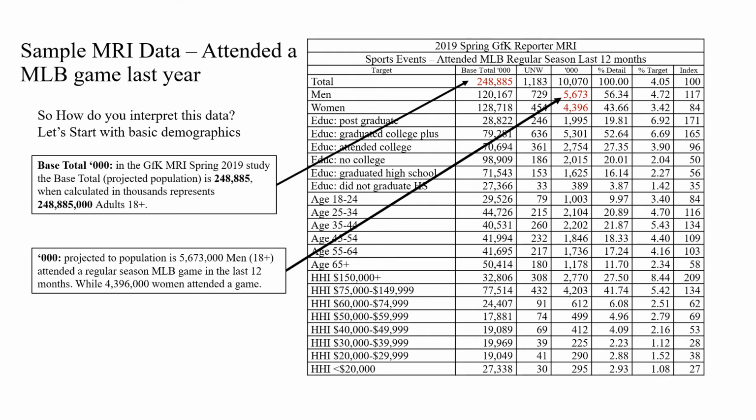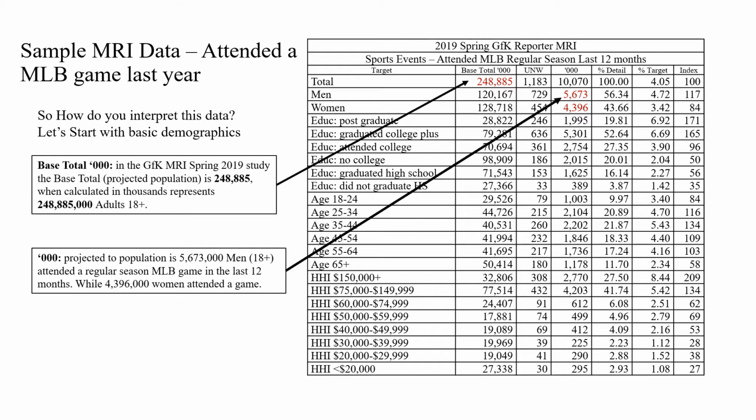Okay, and so I'm going to show you how to read this data so that you know how to interpret it and you know how to use it for other purposes. All right, so the very first thing to look at is what's called the base total.